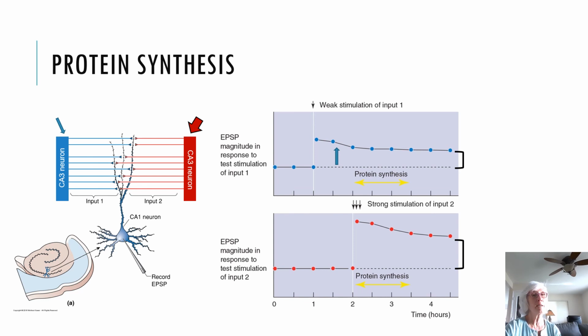So we're talking now about spatial summation of LTP, but the protein synthesis that's occurring at the site of synapse with the red CA3 cells is going to drive protein synthesis at the site of input from the blue CA3 cell. So protein synthesis is occurring in the cell irrespective of who input the stimulus.